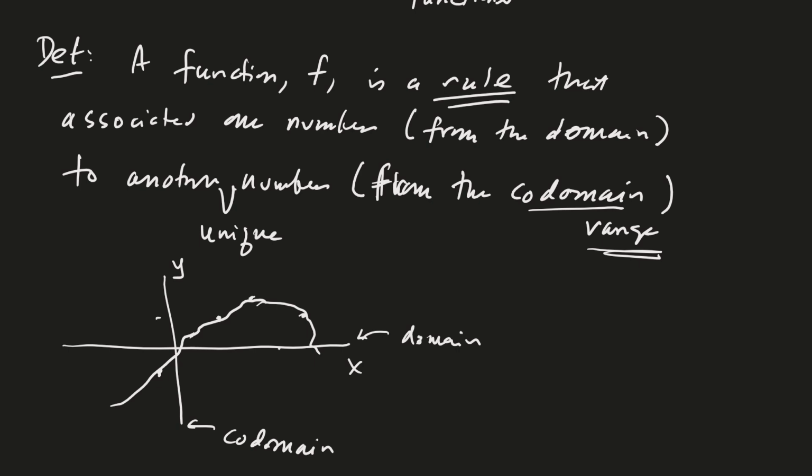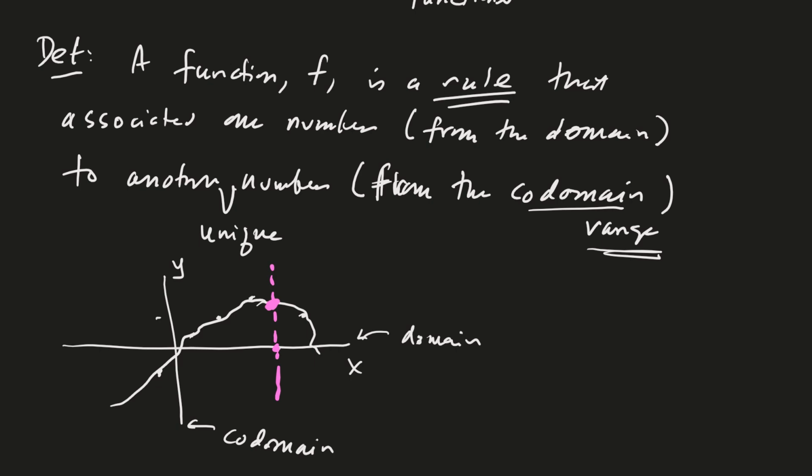And so the idea here is that if I take any vertical line, so if I take all possible associations with a particular value of x, how many times can this curve intersect the line and still be a function?